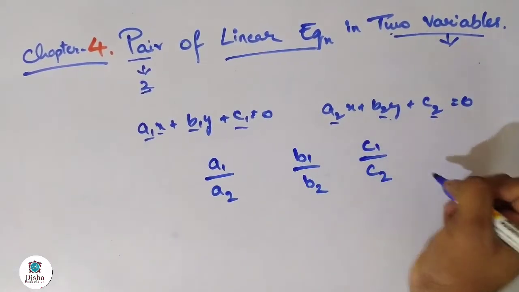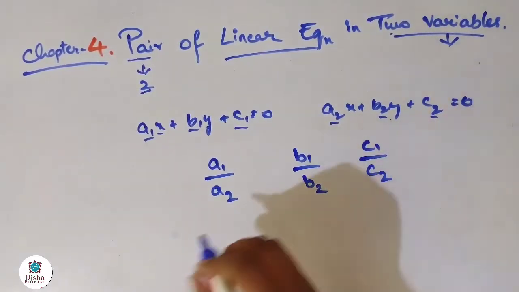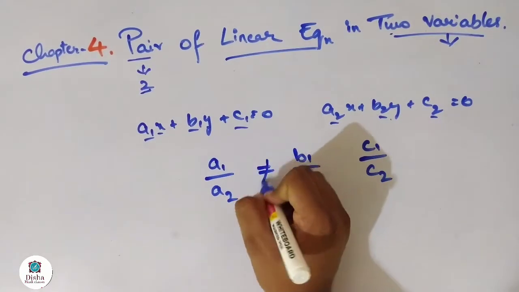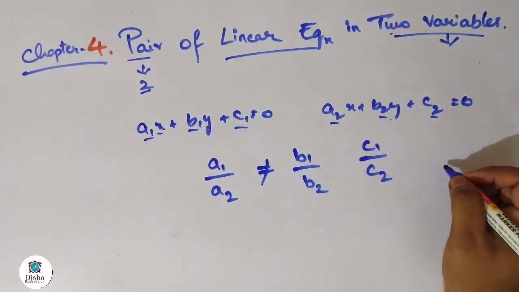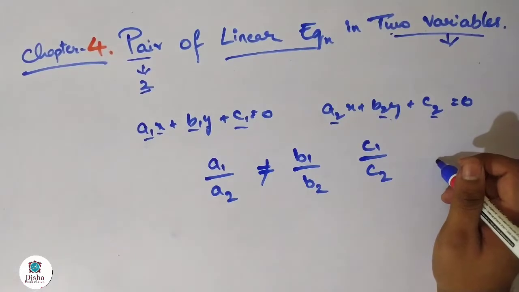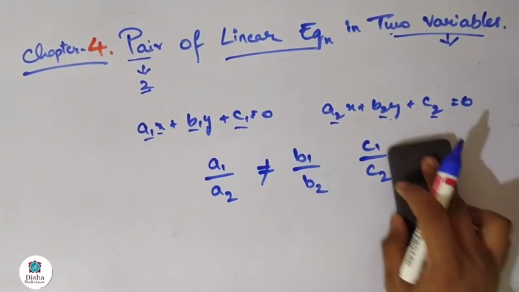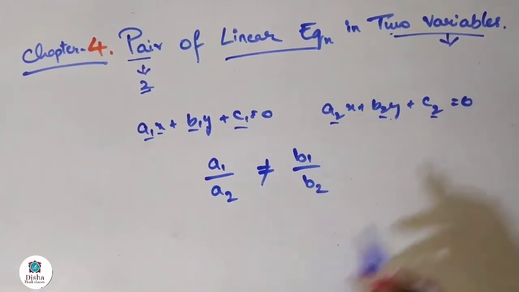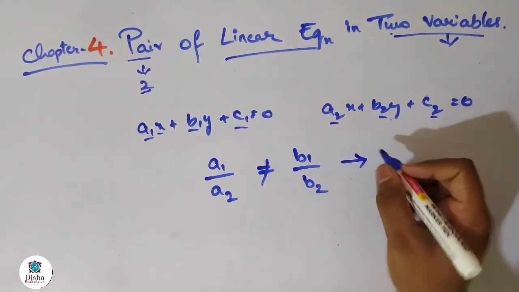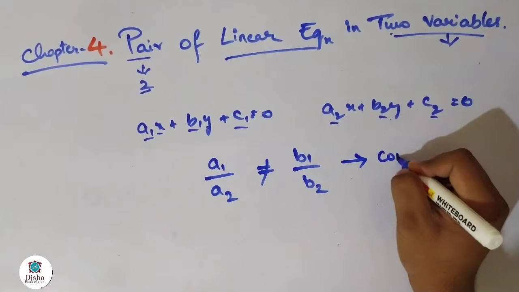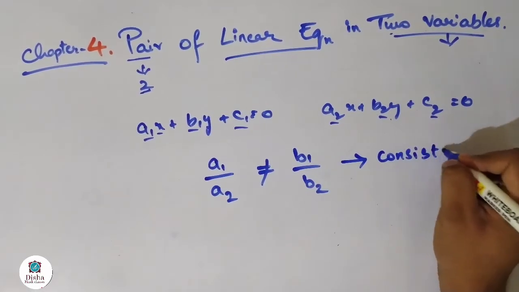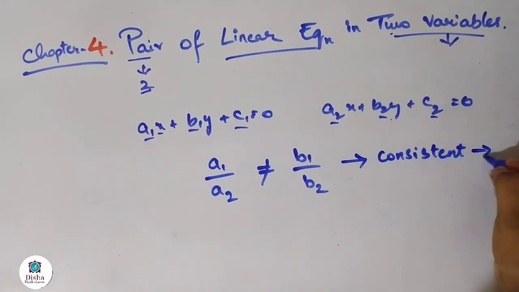Now here, if a1 by a2 is not equals to b1 by b2, leave about c1 by c2, then what will it be? It means these lines are consistent and have one unique solution.